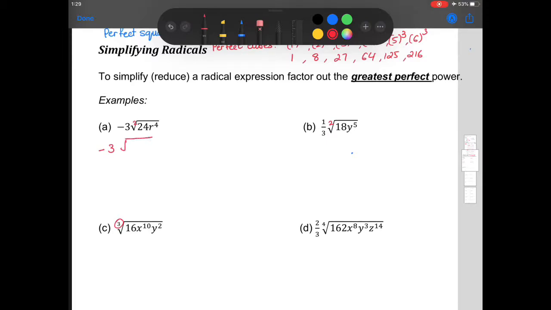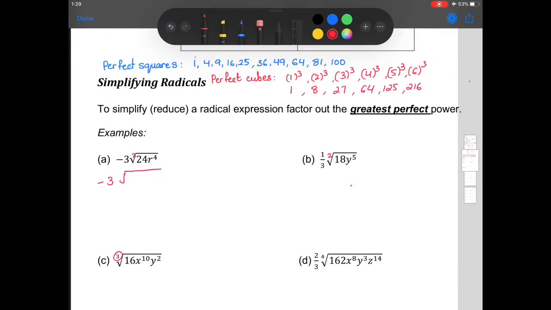So what do I need to do? How do I simplify it? If you look at 24, and I'm going to look at my perfect squares because we're dealing with square roots here, right? So 24 did not make the list up here, but I want to rewrite 24 as a product of two numbers.